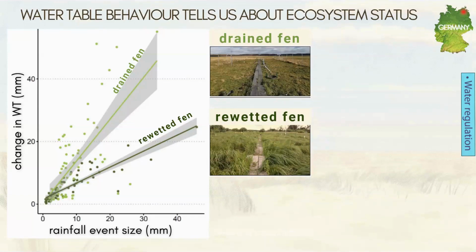The same was the case when we looked at evapotranspiration and water table decline. We saw that the water table declines less in the re-wetted fen than in the drained one under the same atmospheric demand for vaporization of water.